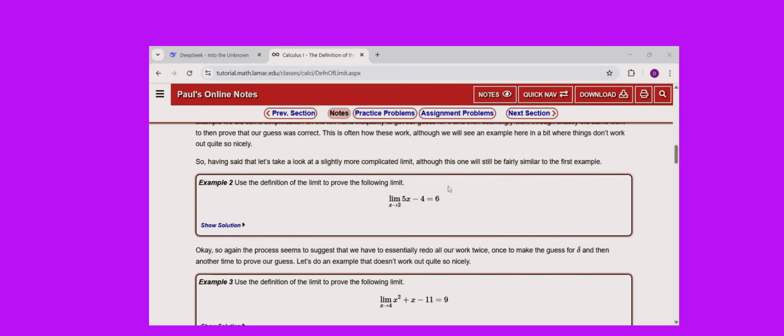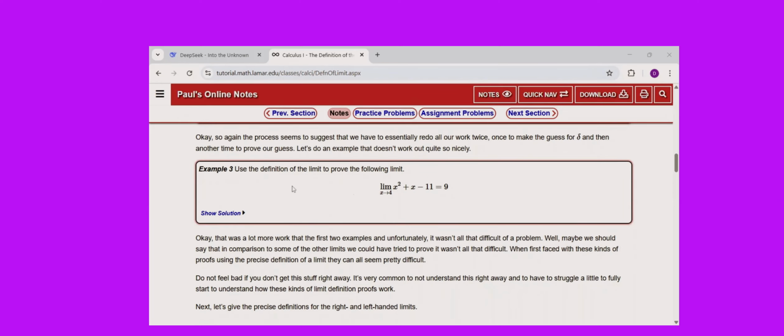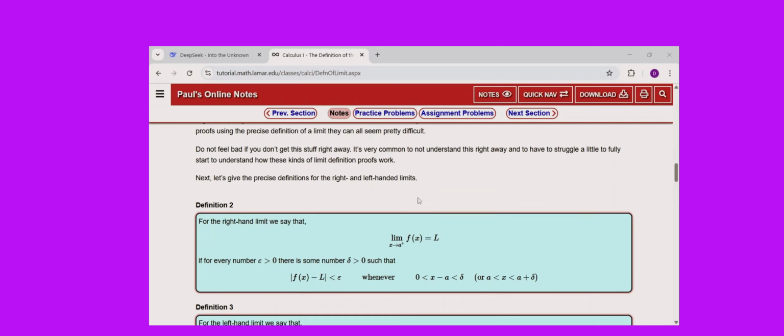Next, prove that the limit: 16 plus 4 is 20, and 20 minus 11 is equal to 9.